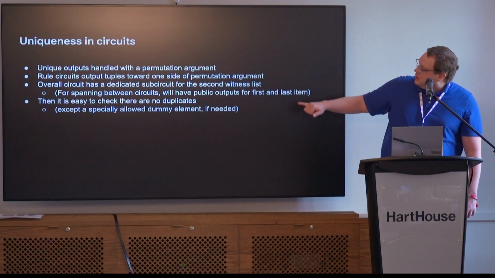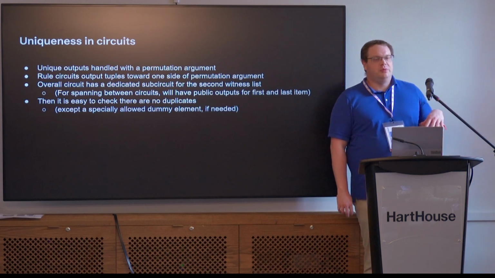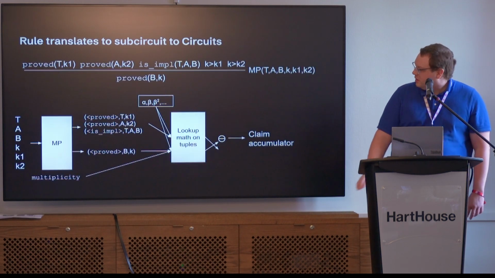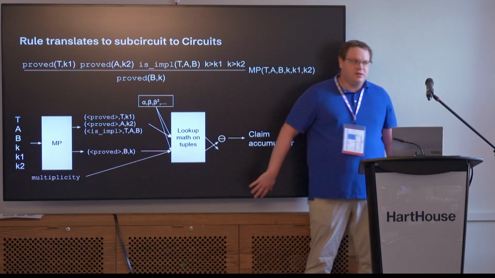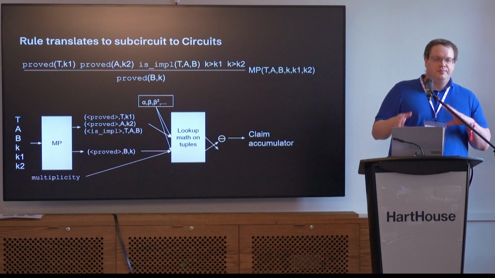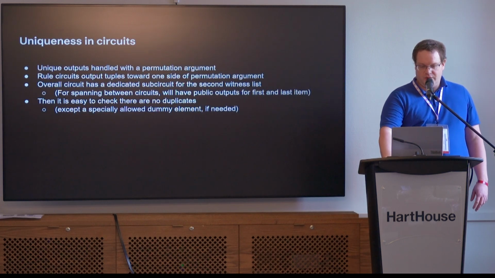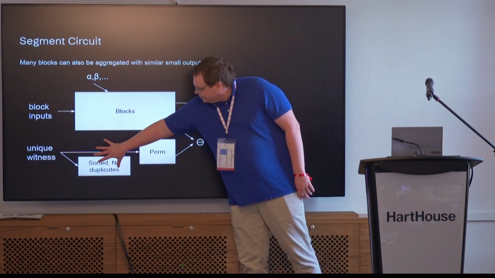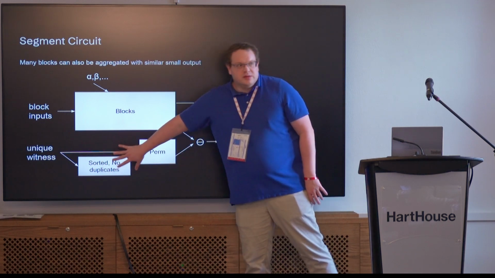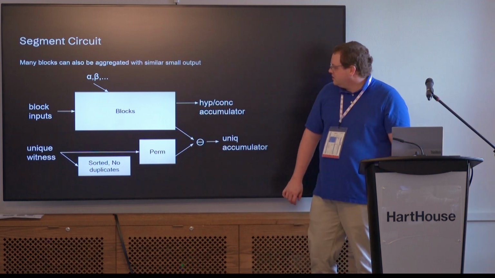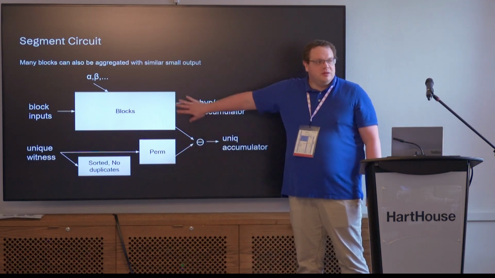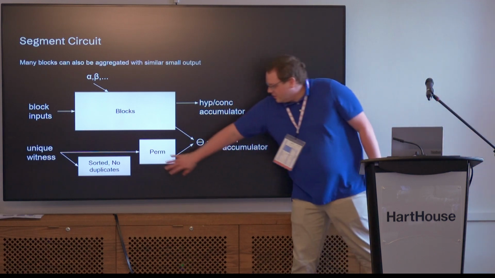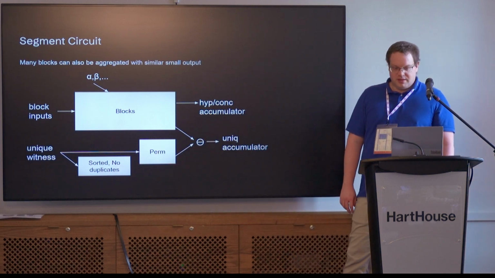Then to add the uniqueness, there's an additional tuple or outputs from the circuit, and you do some extra local math to make a second number, which is the accumulator for the permutation argument, and then in the overall circuit, there will be a second chunk of it, which is like a big list, the second sorted version of the list, which is fed into the permutation argument and compared with the uniqueness from there, and also has the local constraints that do the sorting and no duplicates thing.